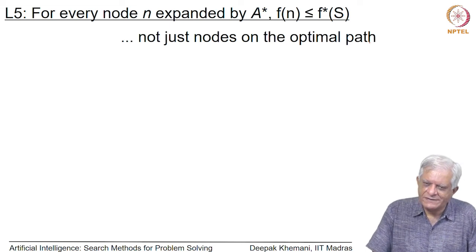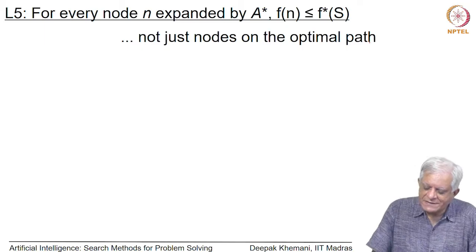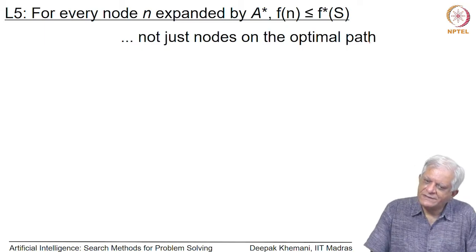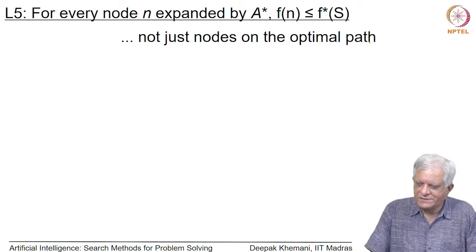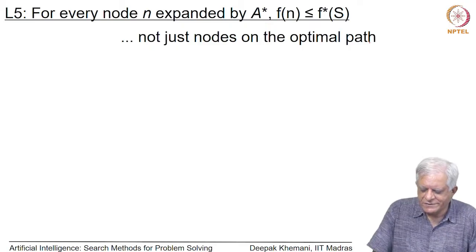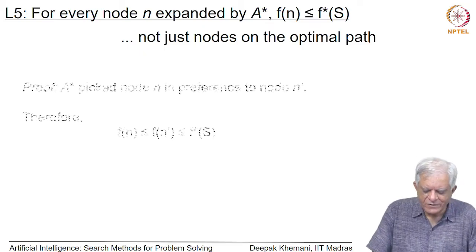Remember that f of n stands for a path from start to goal passing through the node n. So, it will only pick such nodes such that the estimated cost through those nodes is less than the optimal cost. In other words, it gives us an insight that it will not go off in the wrong direction too much essentially. What is the proof for this?